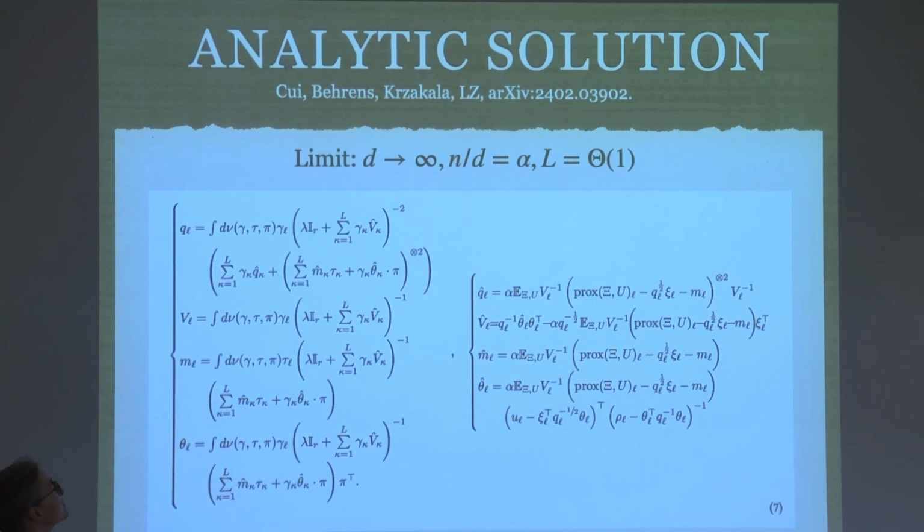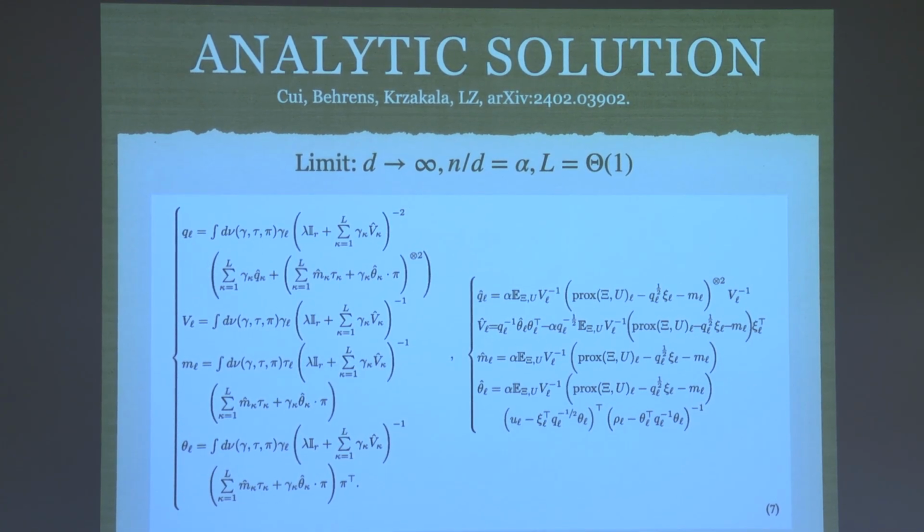So the limit in which we work is important. We take the embedding dimension and the number of samples large and proportional to each other, similarly as yesterday, and the length of the sentence constant.